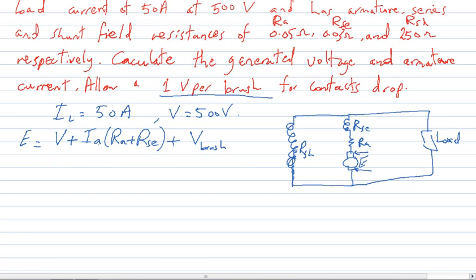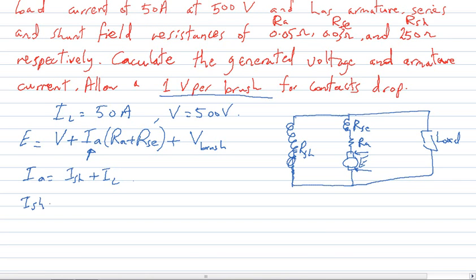So first we have to find the armature current in order to find E. Armature current is equal to shunt current plus the load current.